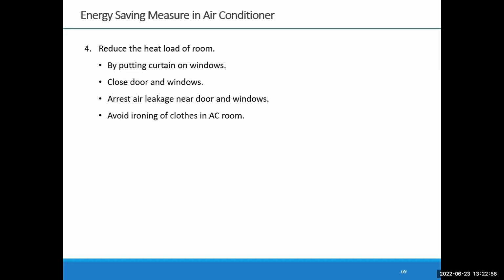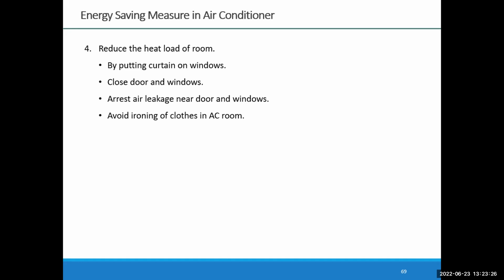If the volume of the room increases, it will take more time to cool the room and increase energy consumption. So that is also one thing to consider. You can either put curtains on the windows, or there are some special coatings available currently which we can apply on our glass windows, so that it will reduce the heat gain inside.